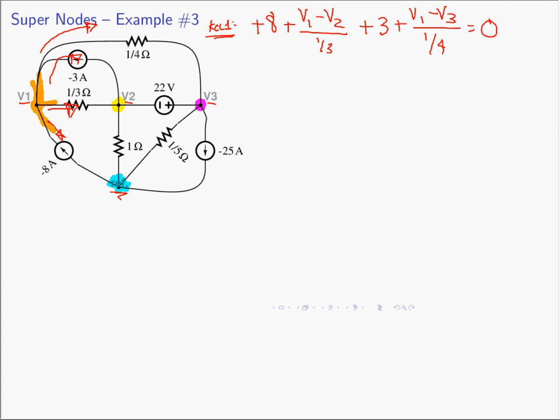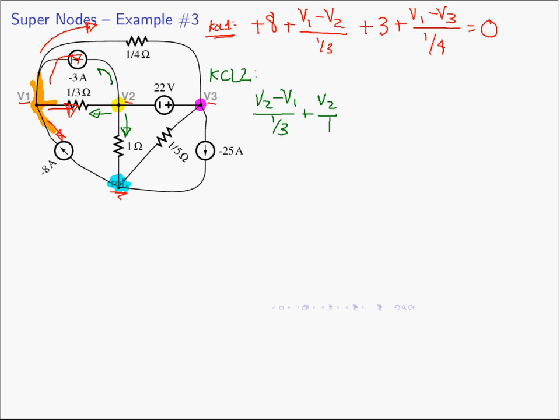So now let's do KCL for node 2. We have the current going in this direction, and that's going to be V2 minus V1 through a 1/3 ohm, and then the current going off toward the reference is simply V2 over 1.